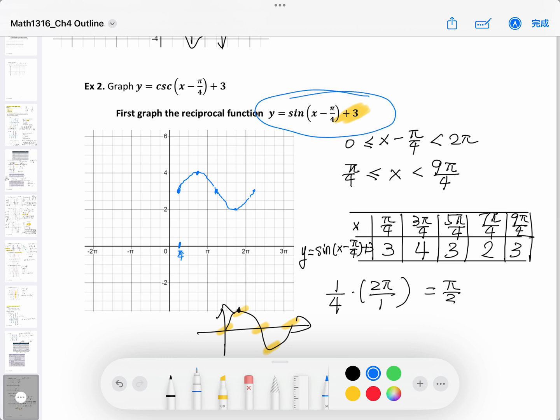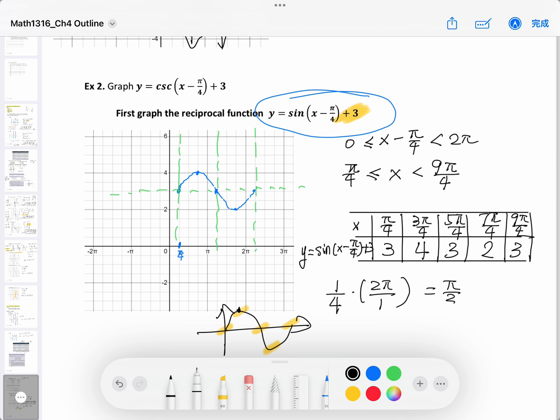Now we do not have the x-intercepts, but we can have a center line of the sine, and the points on the center line, where I can draw the vertical asymptotes. So let's draw vertical asymptotes here, here, and here.